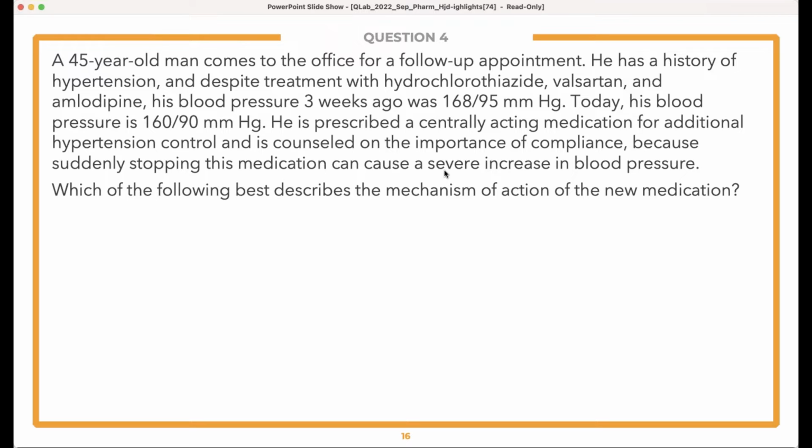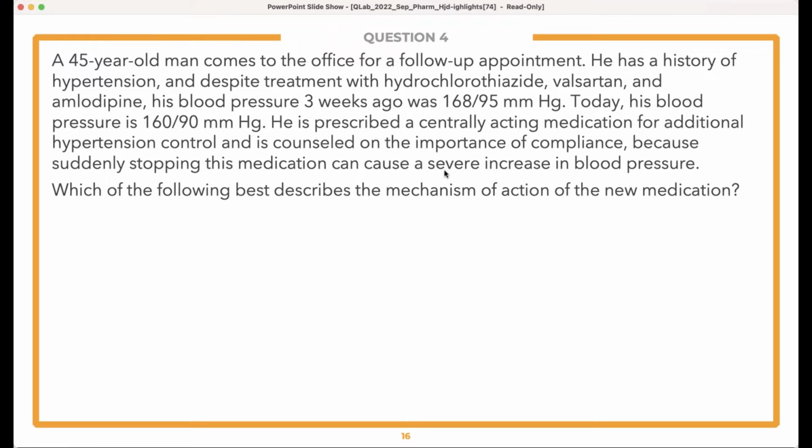A 45-year-old man comes to the office for a follow-up appointment. He has a history of hypertension, and despite treatment with hydrochlorothiazide, valsartan, and amlodipine, his blood pressure 3 weeks ago was 168/95. Today, his blood pressure is 160/90.